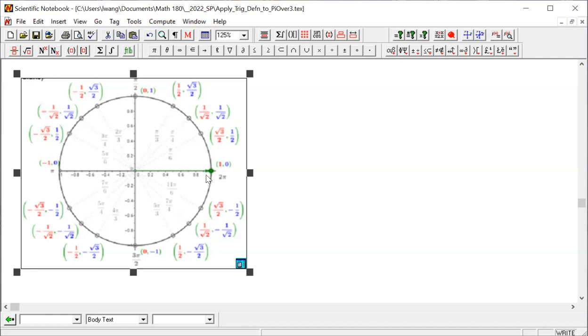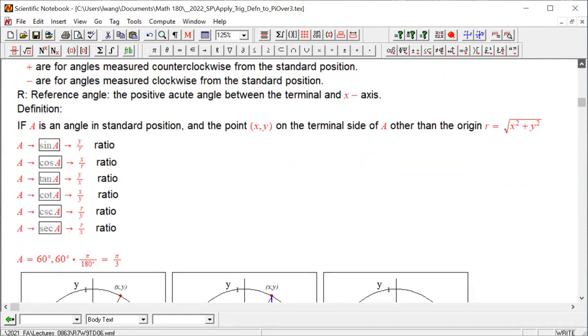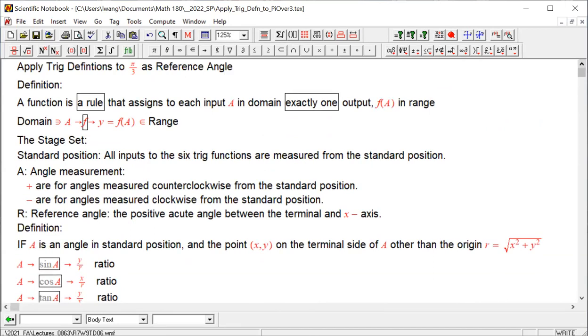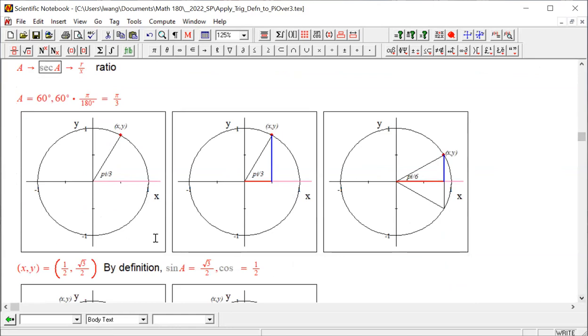Last we have not studied are the terminals overlapping with the standard position, terminal over here, terminal over there, and terminal down there. And that's what we're going to study next. So let's do it. Okay, I'm going to bring back our, this time we don't really need all these other drawings, right?